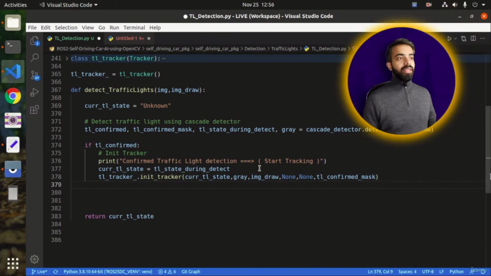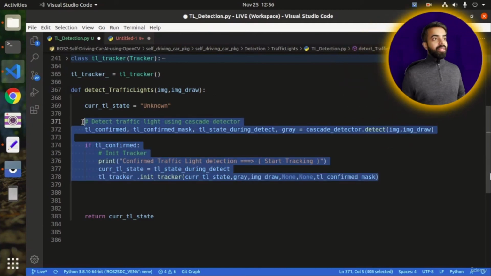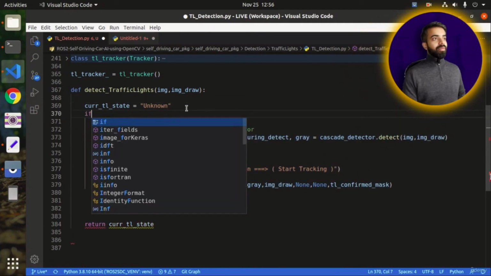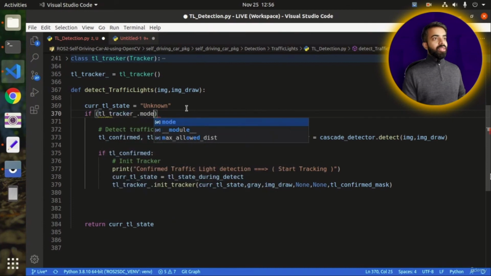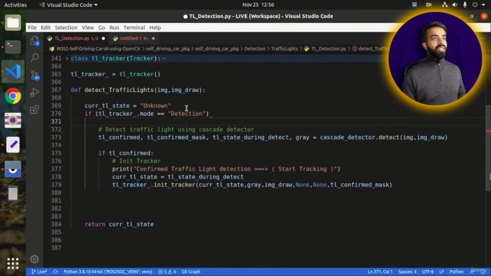Once we have initialized our tracker, the second thing we need to cater for is that all the process we have done inside this function is part of the detection process, so we need to enclose it inside the condition that this tracker should be in the detection mode. So we simply enclose this inside the condition: the TLTracker mode should be detection. Once it is in the detection mode, perform the process that we did below. Otherwise, if it's not in detection mode, this means that it's in the tracking mode.